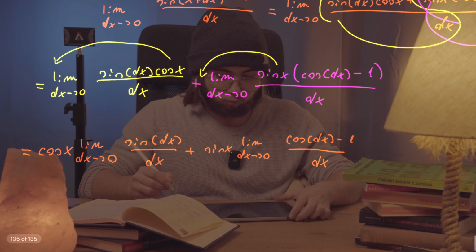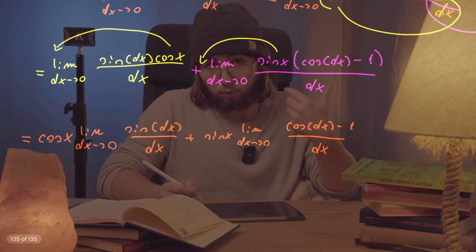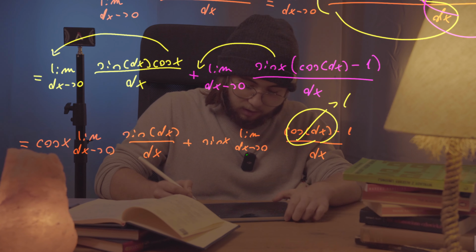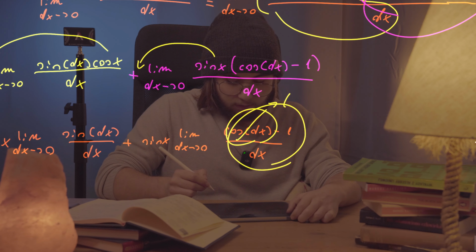We know that as dx approaches 0, cosine of dx will approach 1, and so this entire thing is going to be 0.